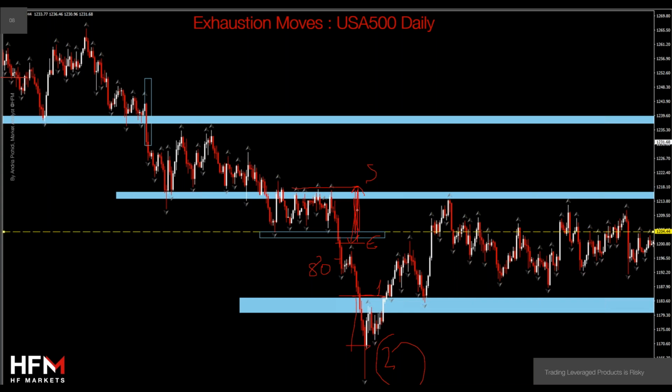Just measure this distance and put it twice, twice of this distance. It could be your second target. And if you want to lock some profits earlier, put the same distance as your first target.